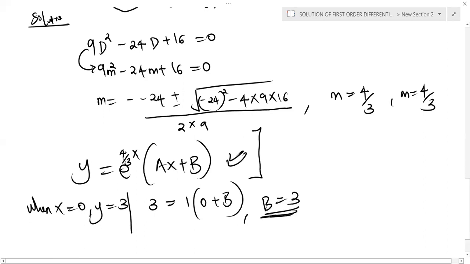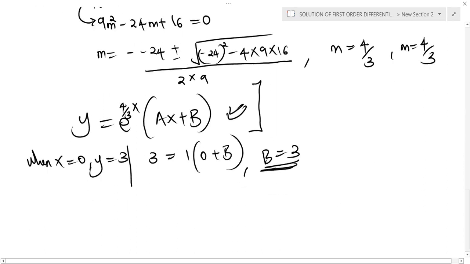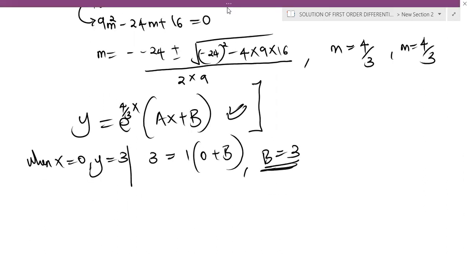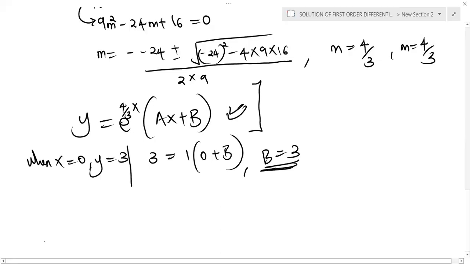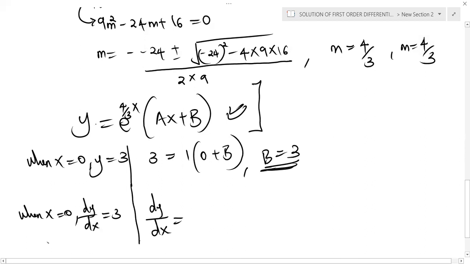Okay, the next condition is that when x is 0, dy/dx is 3. So let's start by getting dy/dx, the derivative of this. Now, in order for us to differentiate, we can use the product rule. So let this one be u and let the whole of this be v.